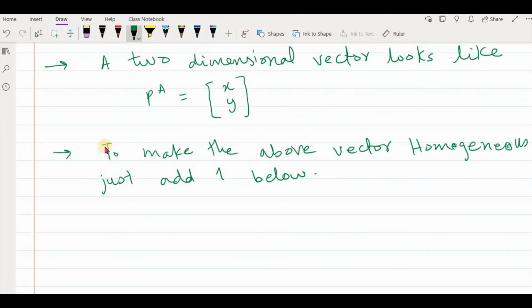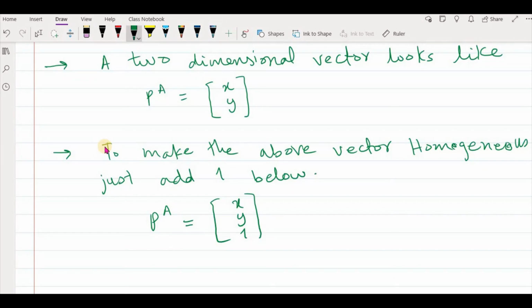So that's how we do that. If we want to make it homogeneous, you have to write it like this: x, y, and then just add 1 here. Okay, so this is how you make this vector homogeneous.